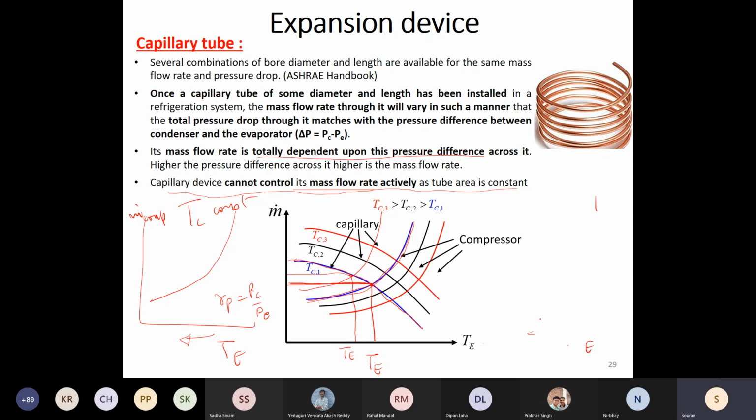Okay, so you have to decide, let's say for a domestic refrigerator, I expect my evaporator to operate at -20. If this intersection is happening at -10 degrees C, you will have a balanced condition only at -10 degrees C. So that would be your steady operating condition.